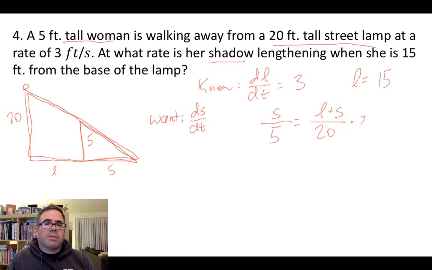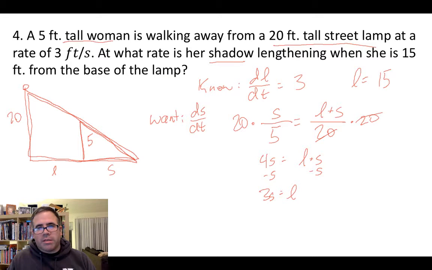If we multiply both sides by 20, 20 divided by 20 leaves this free and clear. 20 divided by 5, that's of course 4. Do a little bit more algebra, and we get that 3S equals L, which would be great if we wanted L. We don't really want L. We don't want S.